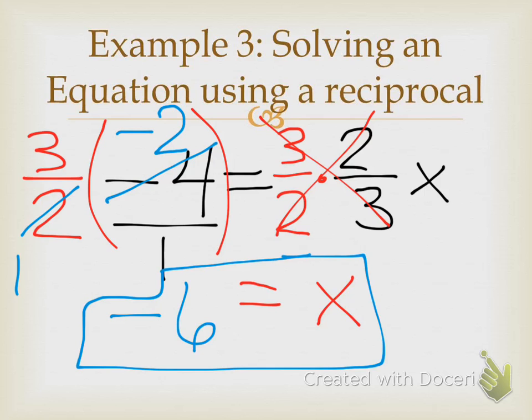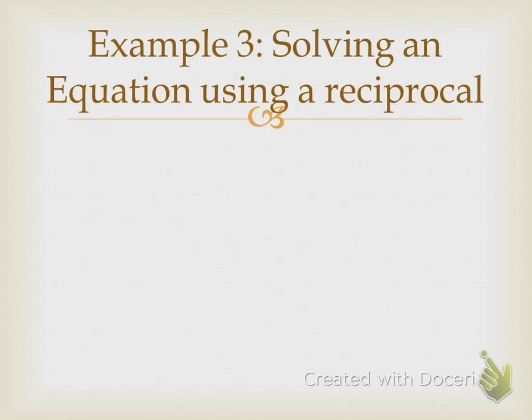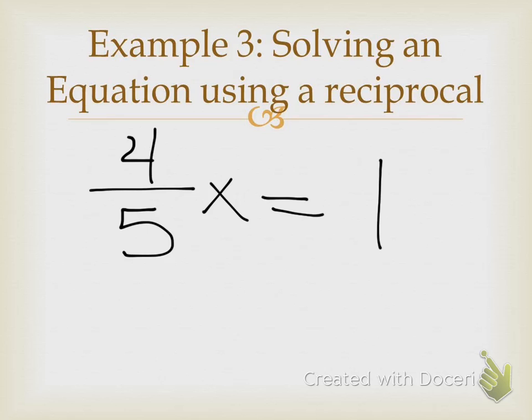Let's do one more. Hold your questions just for another minute. Okay, let's do one more. 4/5 x equals 1. So what can I do here to get x by itself?